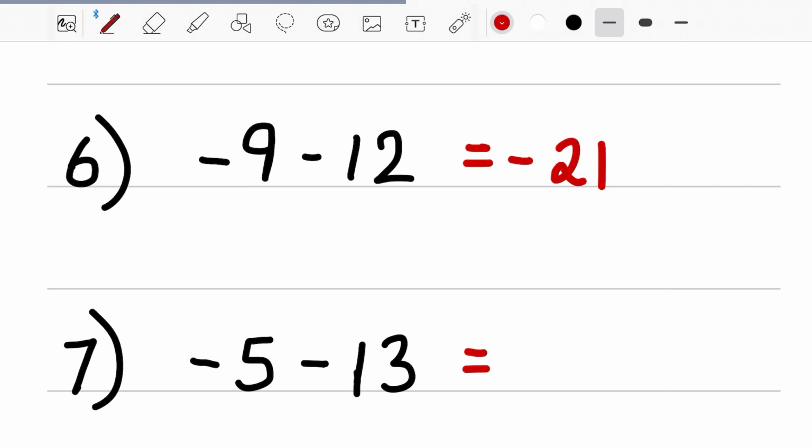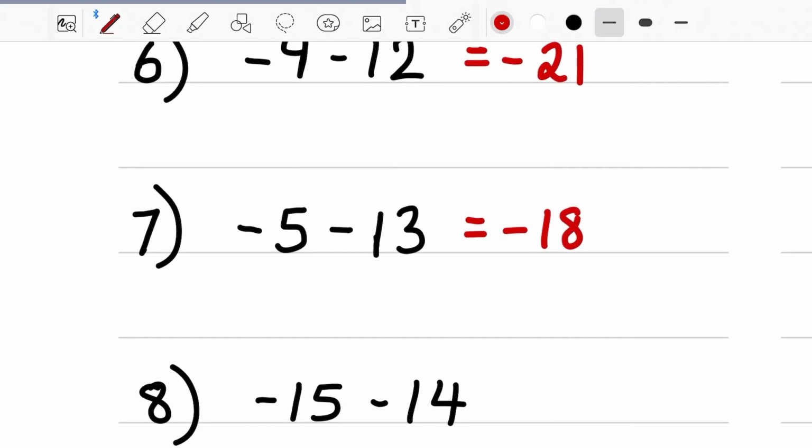So both the signs are the same. We need to add the numbers, ignoring the signs. So 5 plus 13 is 18. And since the signs are both negative for both numbers, your answer is also negative. So your answer is negative 18.